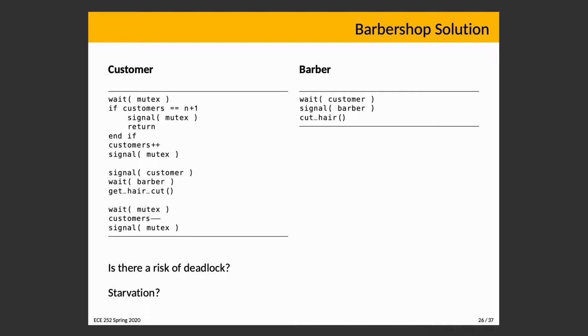And the question is, will a customer always get to the signal customer statement? And we can see that the answer to that is usually yes. If a customer comes in and leaves, it's because the barbershop is full, and that means, of course, that there are customers ahead in line, and those customers ahead in line have already called signal on customer.